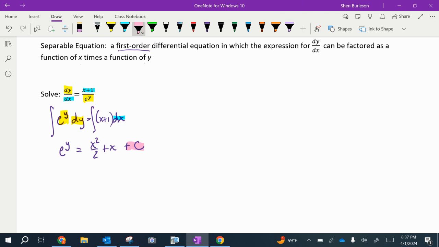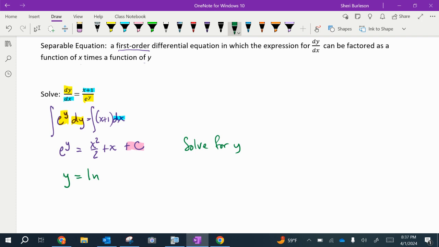Now, once I have done the integration and have the antiderivatives, what I need to do is solve for y. To undo e to the y, I need to take the natural log of both sides, or convert from exponential to logarithmic.